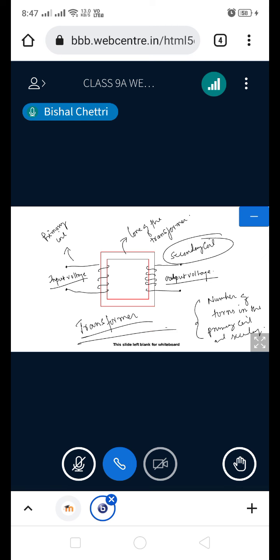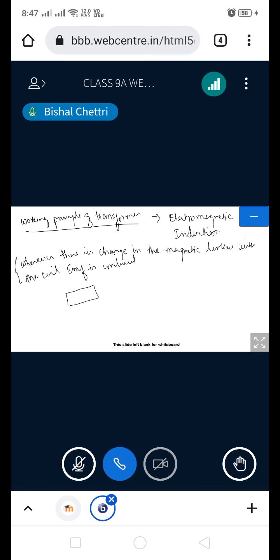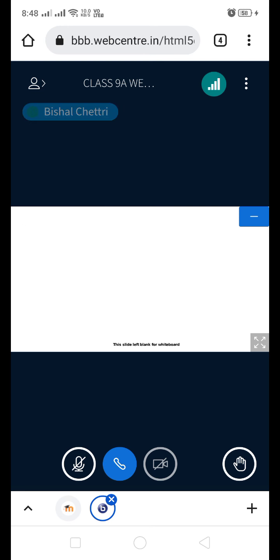Okay. Now, actually over here, in a transformer, how do we apply electromagnetic induction in case of a transformer? It is like this.